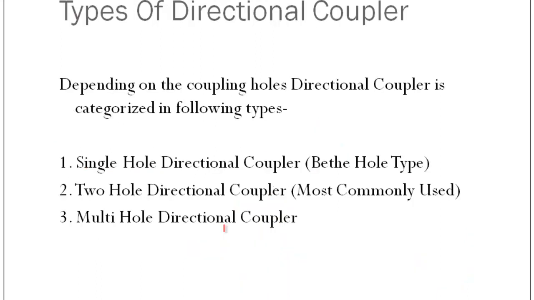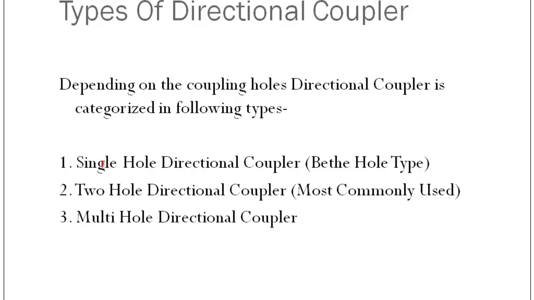Now, types of the directional coupler. As we know, the directional coupler is used to take a sample of the incident power. For the sampling purpose, there are coupling holes through which a received power or traveling power is sampled to another port, right? So depending on the number of coupling holes, we can classify the directional coupler.